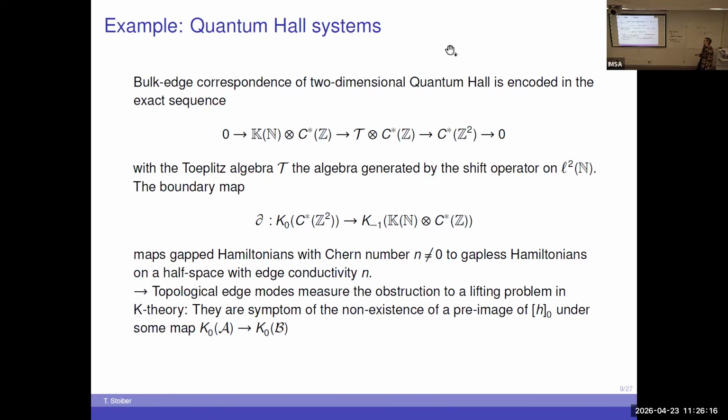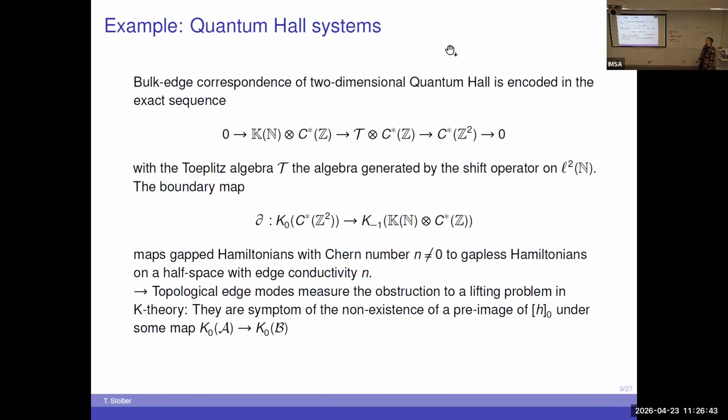So then the question is really, what is different about these higher order bulk-boundary correspondences? Why don't we just find some kind of exact sequence, set up this formalism, and then have a boundary map which tells us how many corner states we get from a given boundary? And the answer is very simple.